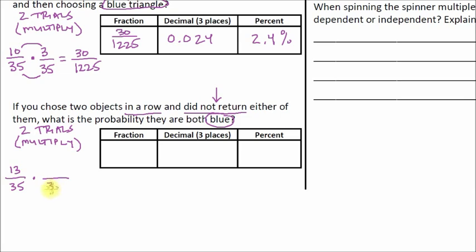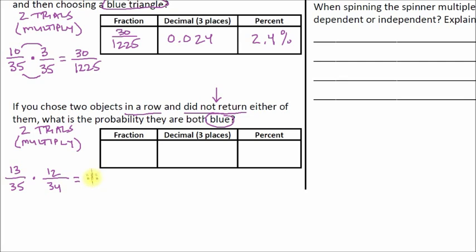We only have 34. And if the item we picked was blue and we want to pick another blue, that means we only have 12 blues left. So you have to assume in this trial you've already taken a blue out. We only have 12 blues left out of 34 total shapes. So there are your two probabilities.